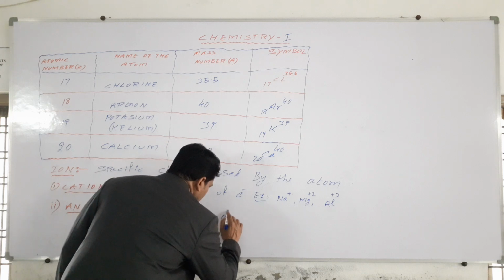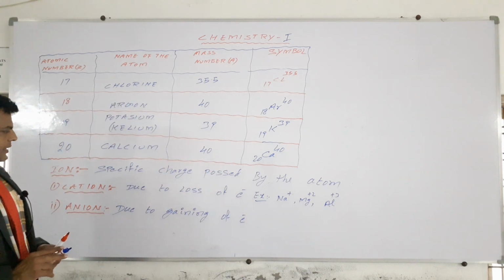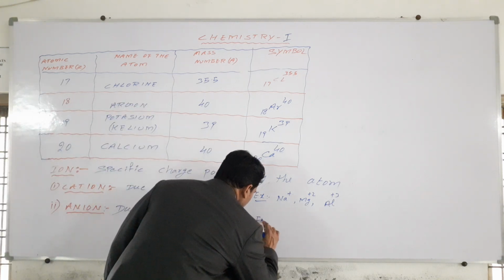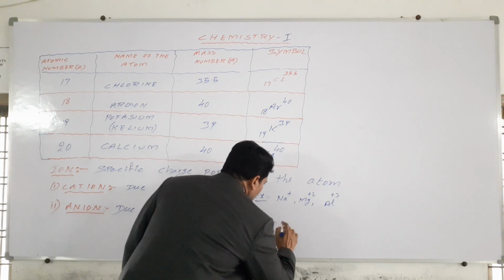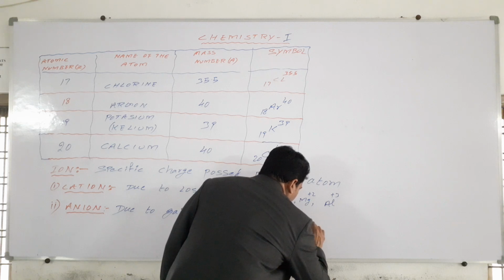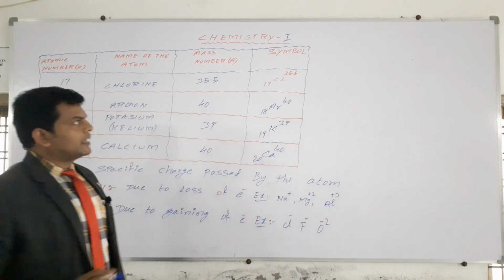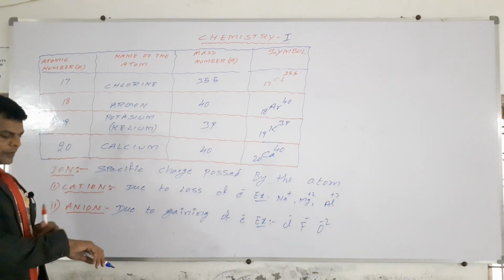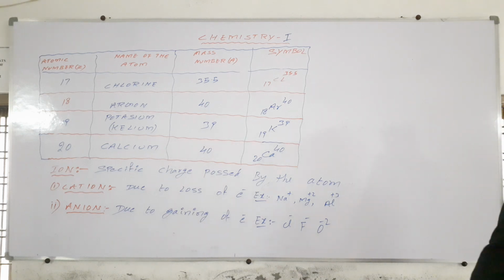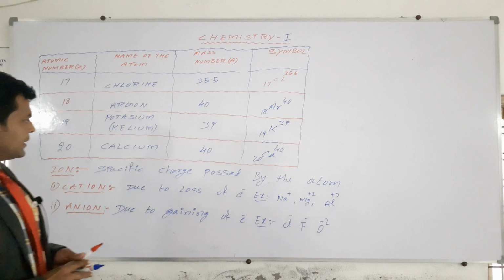So example, Cl minus, F minus, O minus 2, like this. These are ions. Okay.